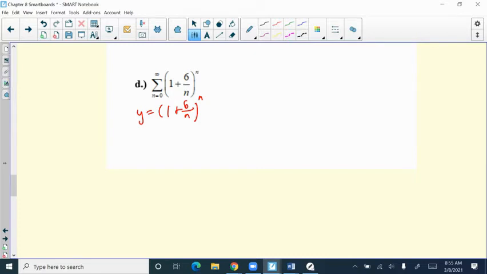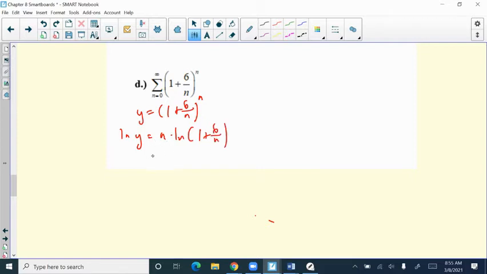You have to actually be able to show that. So if you remember, we can take the log of both sides and bring that n down. Sorry, natural log. So natural log of y equals n times natural log of 1 plus 6 over n.